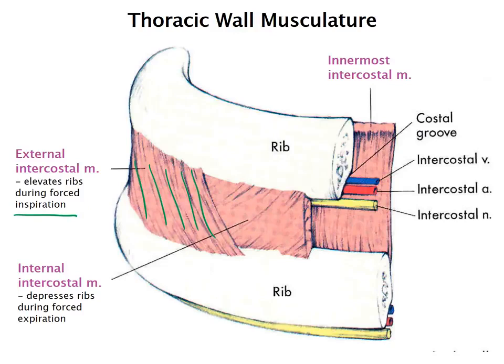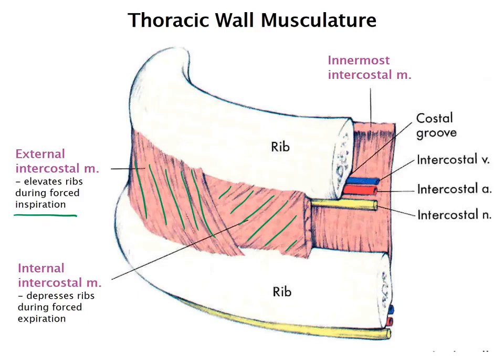The second layer is referred to as the internal intercostal muscle. Notice the fiber directions of this muscle run approximately perpendicular to the fiber direction of the external intercostal muscle. If we go back to the analogy of having my hands in my pockets, now let's stick our thumbs outward toward our sternum. By sticking our thumbs outward, that represents the fiber direction of the internal intercostal muscles.